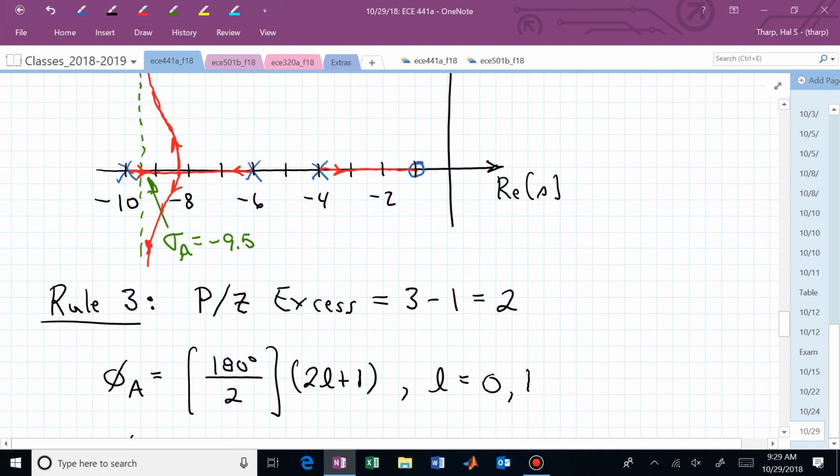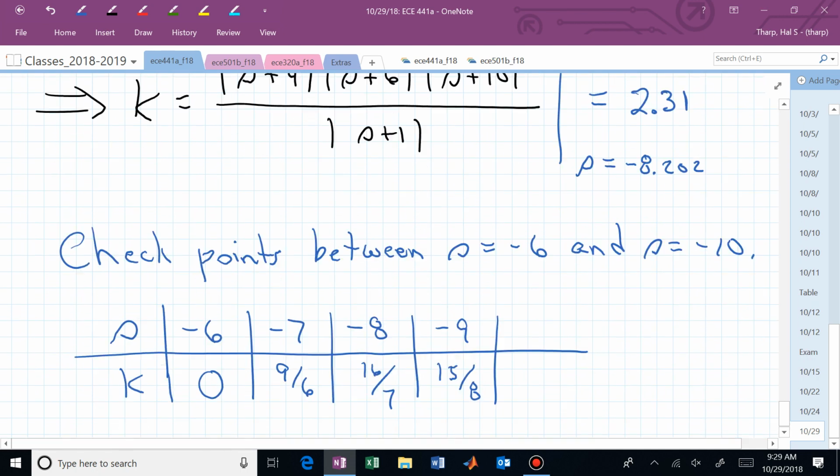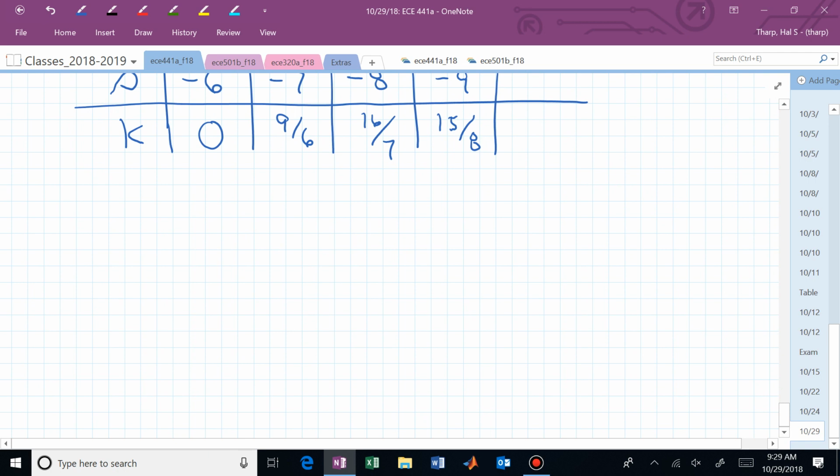If you wanted to, you could pull out a calculator that sketches things. Don't get this confused, this is not the root locus diagram, this is the magnitude of k.